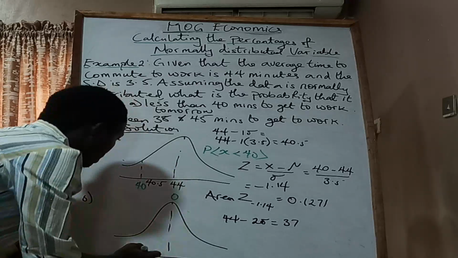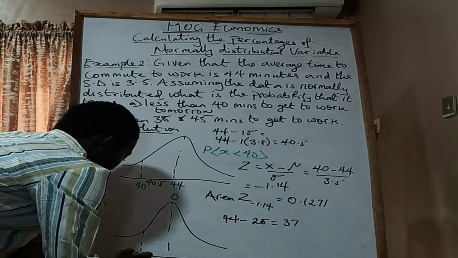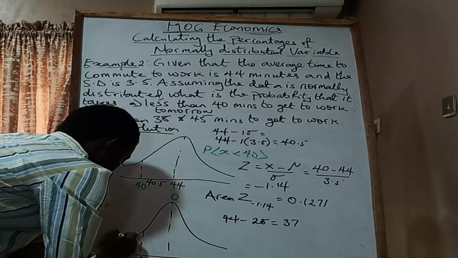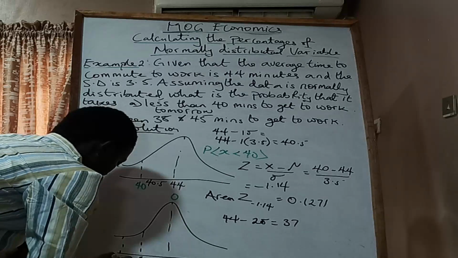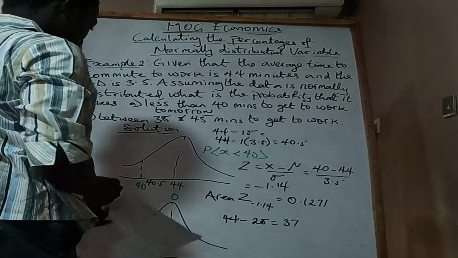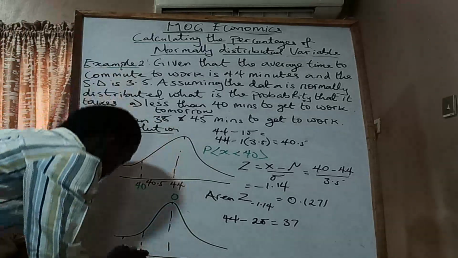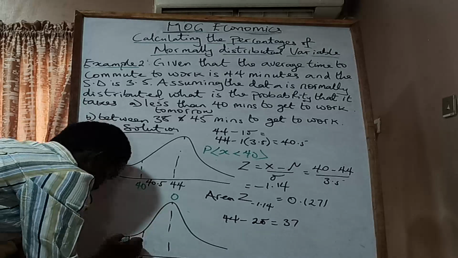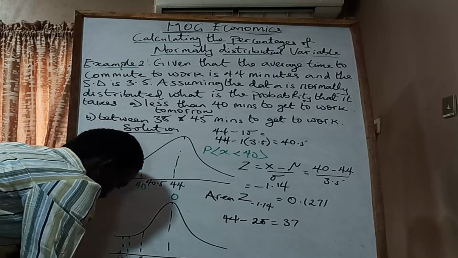So here we have the 40, and then the next one is 37. Okay, can still extend 37. So since we are looking at 38 minutes, 38 minutes is probably here. So let's just say 38 is here.